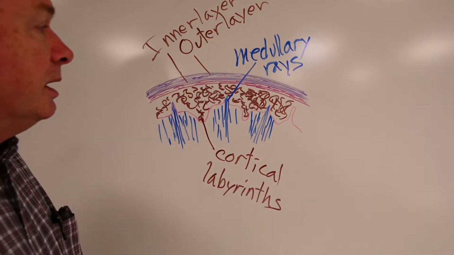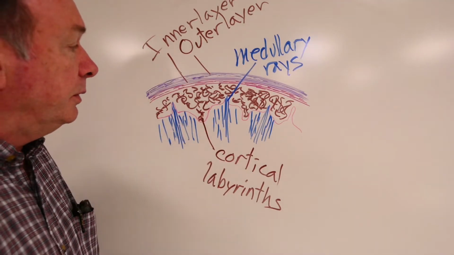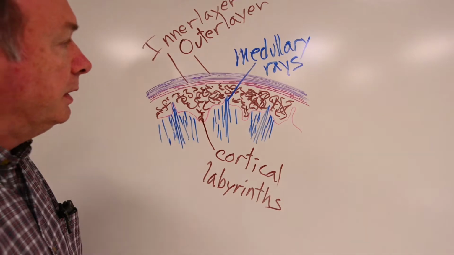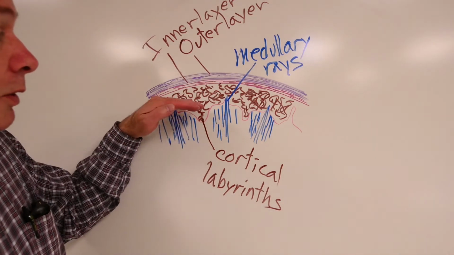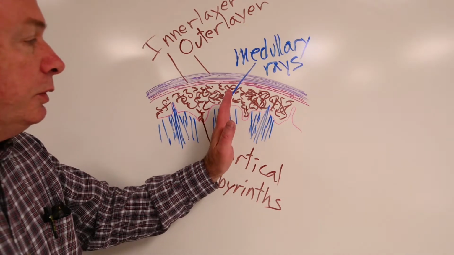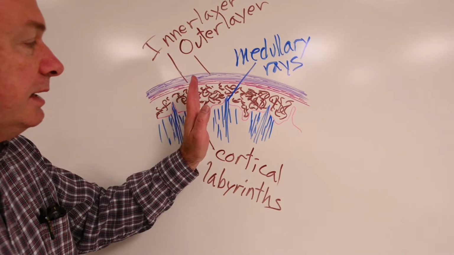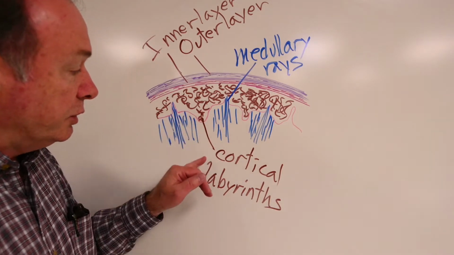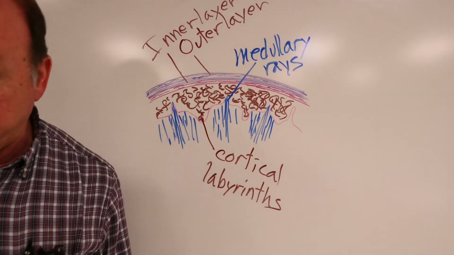So we have capsule here, we have cortex zone, and then we have medulla there. And although we usually think of those layers as being fairly well separated, some of the medulla comes up into the cortex and some of the cortex sinks down into the medullary region to form these cortical labyrinths.